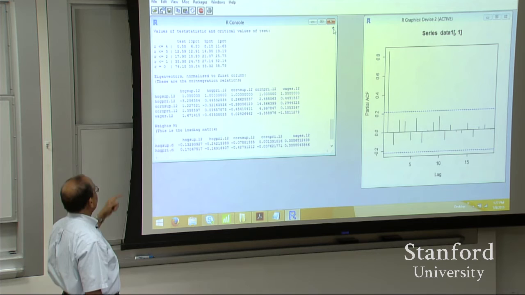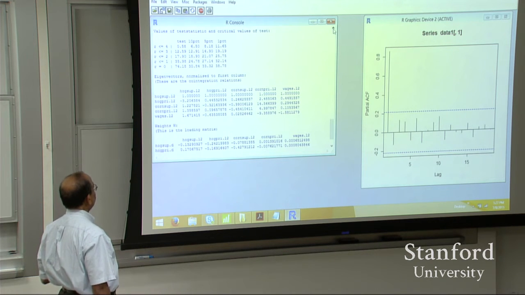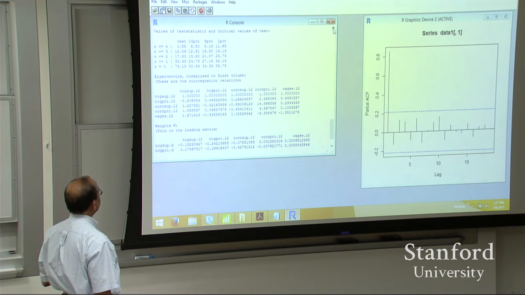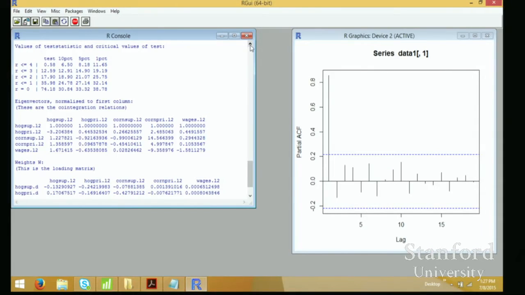If you look at the first one here, rank of 0, the test statistic is 74.18. If you compare it with any of the percentage levels, you are going to reject that hypothesis. So that's not valid. Rank is equal to 1. The test statistic is 35.98, and again, it is larger than any of the numbers. You're going to reject it.